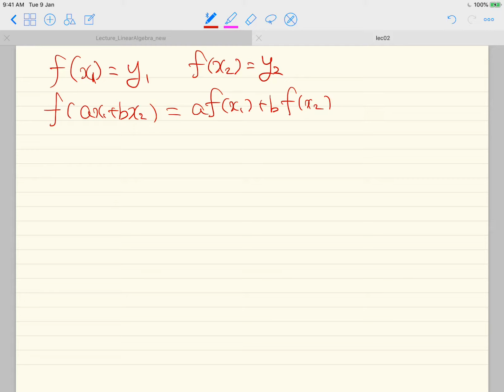Okay. So in terms of sending the 5-dimensional vector to 3-dimensional vectors, we can first linearly combine these 5-dimensional vectors and then send the result to a 3-dimensional vector using our function. And that resulting vector is the same as if we first send the two 5-dimensional vectors into their own 3-dimensional vectors and then do the linear combination. Okay, so that property is the linearity of our transformation, right?